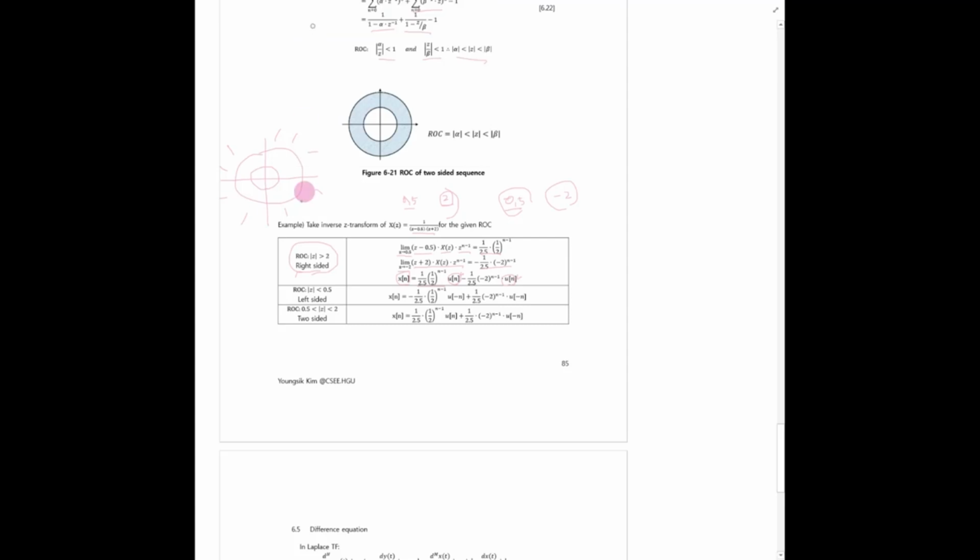In case of the left-sided one, the minimum radius, this is the 0.5 radius, inside of this circle becomes the left-sided one. This is the region of convergence for that. Okay, then it becomes left-sided. In case of left-sided, it's negative, and this negative part is given like that. This one is a left-sided one.